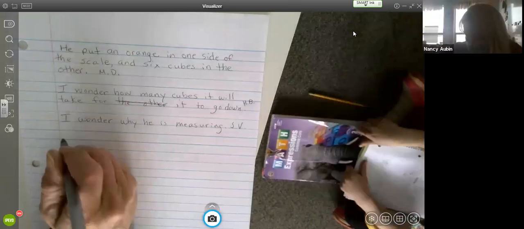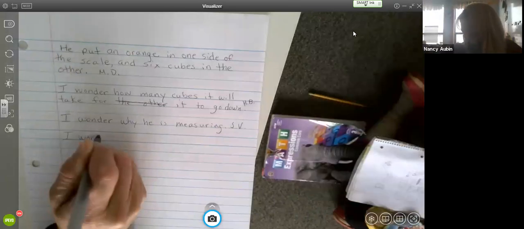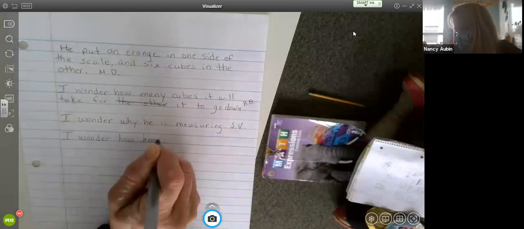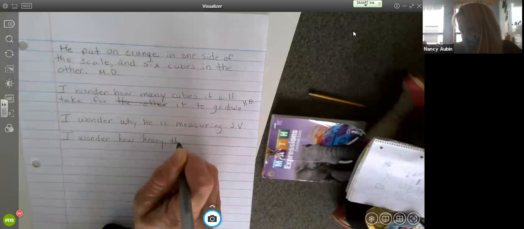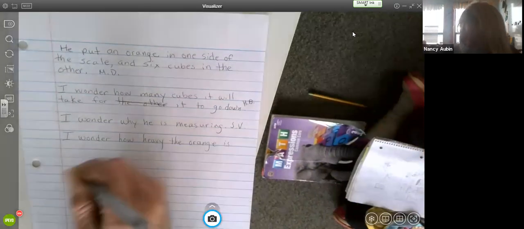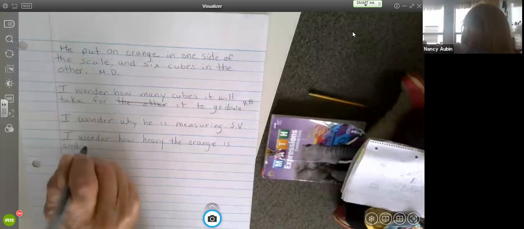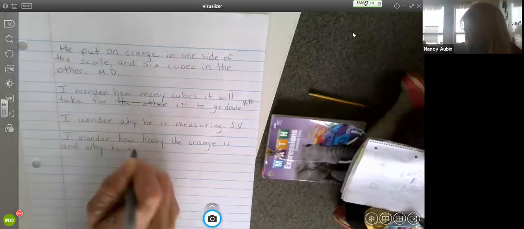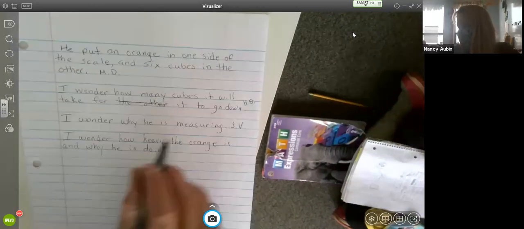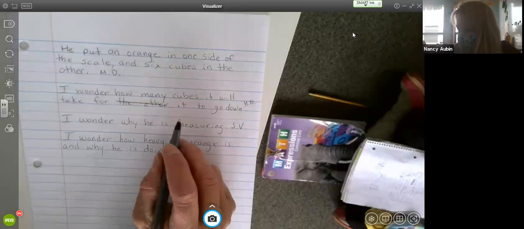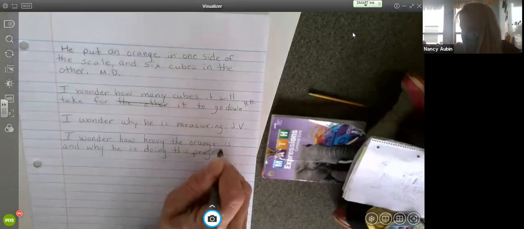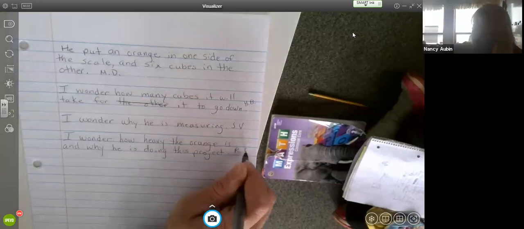Okay. I wonder how heavy the orange is and why he's doing this project. Well, why he is doing this project is not going to stand alone. Reese Cheney. All right.